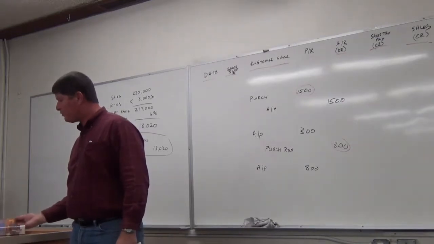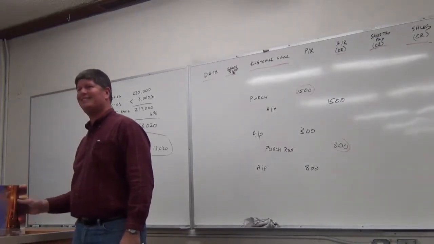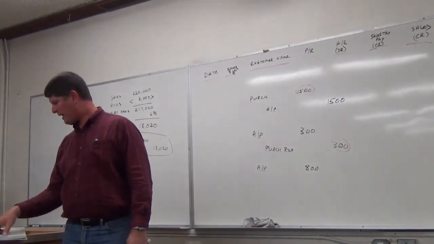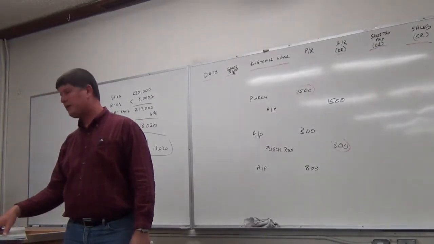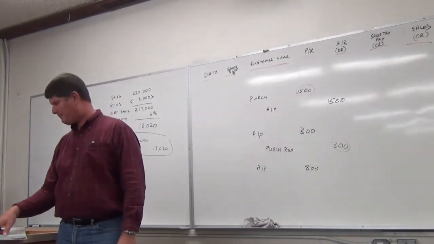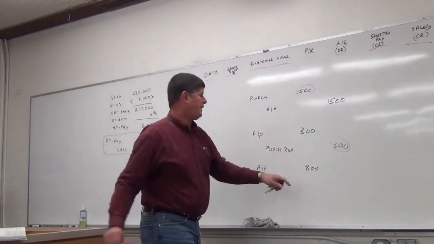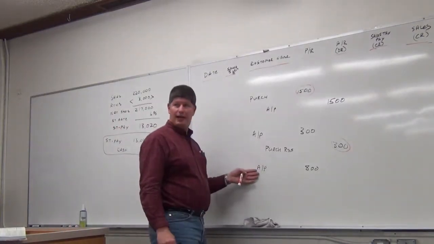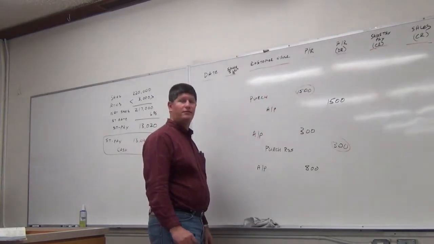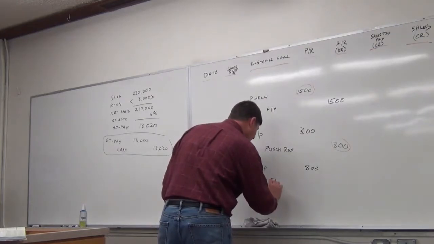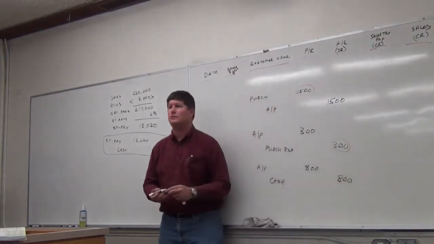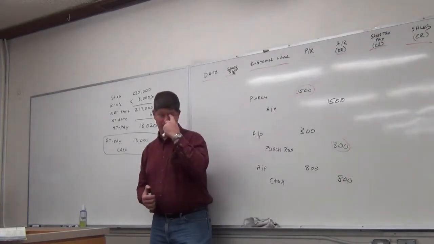I have the 13th edition, page 254. So, $800, my accounts payable, my liability goes down. What did I give up to pay this off? Cash is my credit. $800. Okay, there's your entry for that.